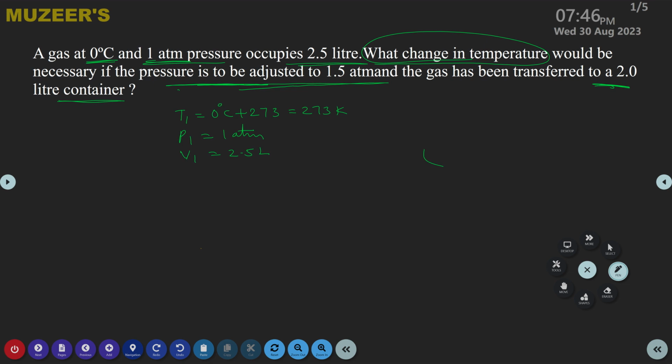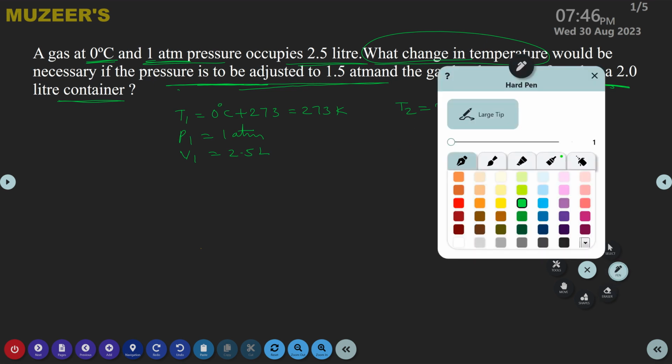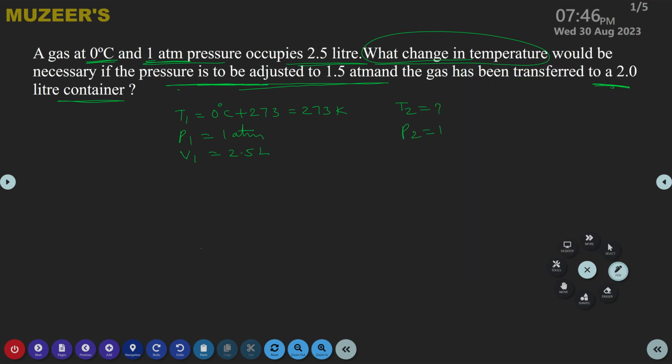And what temperature would be necessary? Means we have to find a T2. Okay. And then if pressure is to be adjusted to P2 is equal to 1.5 atmospheres. Okay. And has been transferred to 2 liters vessel. V2 is equal to 2 liters. We have to find a T2.